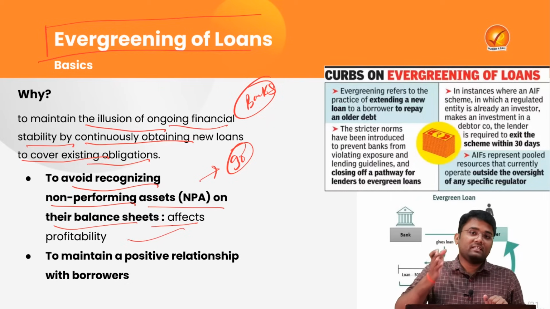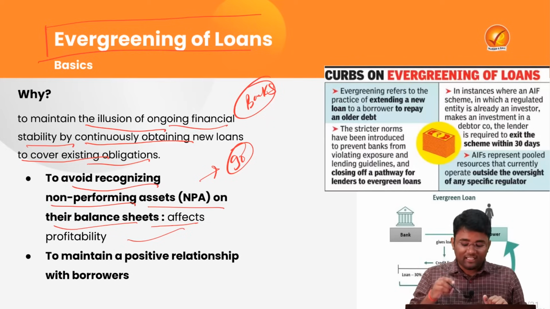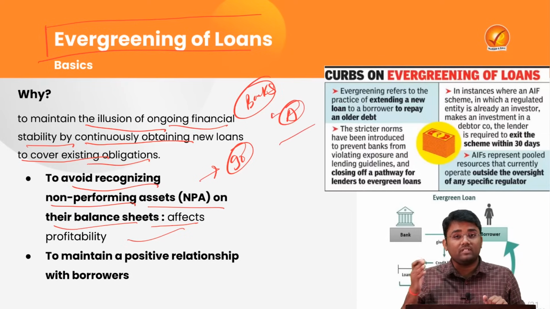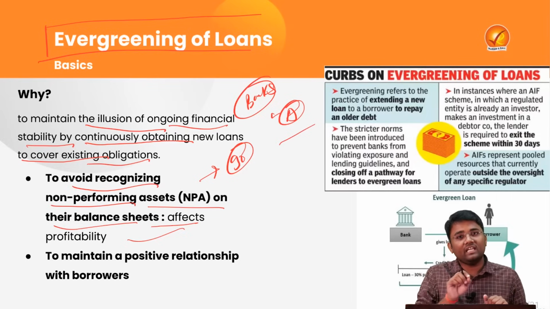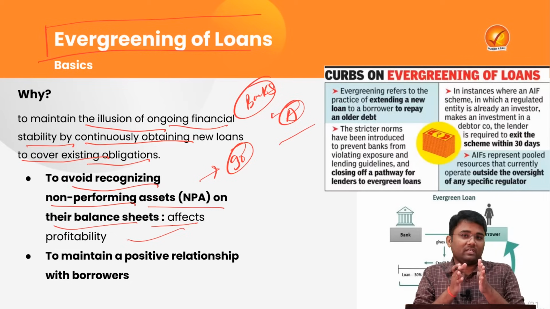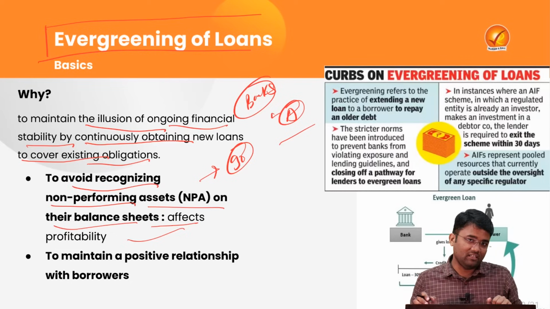To not keep that outstanding loan on the balance sheet, the bank gives further loans to the person who had taken a loan from the bank, so that the outstanding loan does not come under the NPA category.